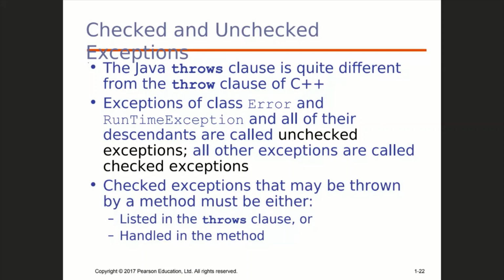One other very simple example for unchecked exceptions: do you remember I always say in class, null pointer exception, array index out of bound exception, arithmetic exception, which is dividing a number by zero, and number format exception.